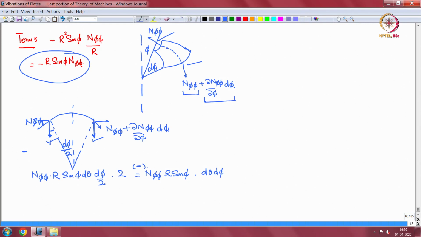Okay. Next, the next term is again a negative term. N theta theta, let me write it in red, n theta theta by r into r square sine phi, which is equal to n theta theta r sine phi.